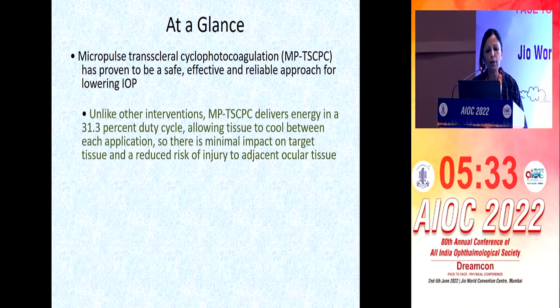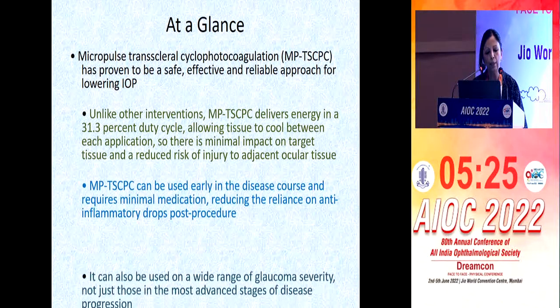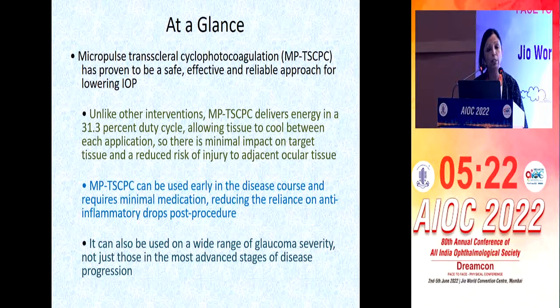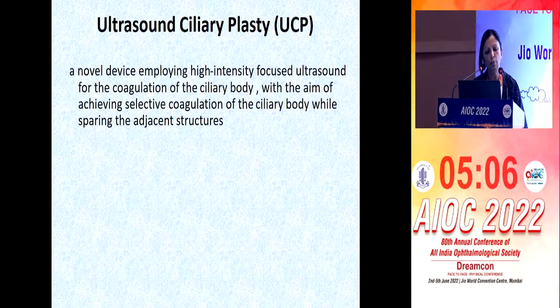So at a glance, the micropulse transscleral cytophotocoagulation has proven to be a safe, effective, and reliable approach for lowering intraocular pressure, and that is actually the method of choice. It has now been used also for glaucomas which are not really visually threatening, and for patients who do have some amount of visual acuity, because it can actually give a better result than the previous ones.